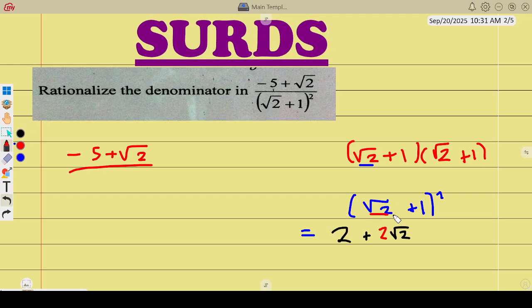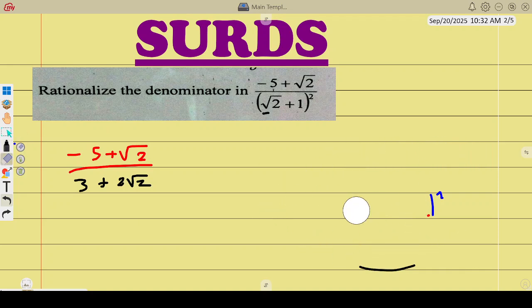So root 2 times 1, it is root 2, and then you just multiply by 2, because this is power 2, and then at the far end you say plus. You also 1 times 1, what is 1 squared? It is 1. Yeah, so meaning when you expand the denominator, you are going to have 3 plus 2 root 2. So 2 plus 1, these are like terms, so 3.